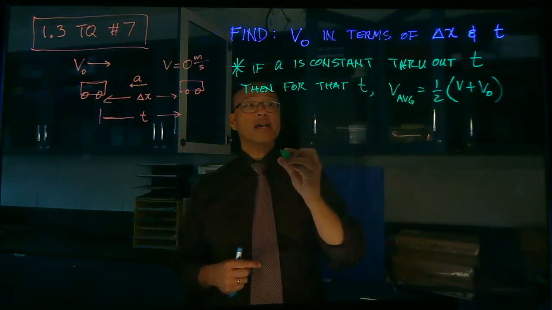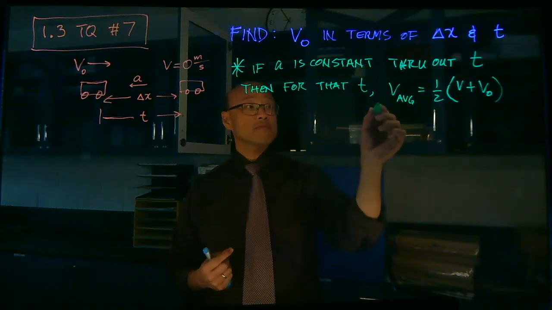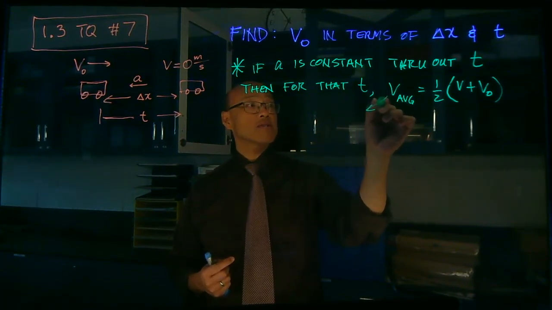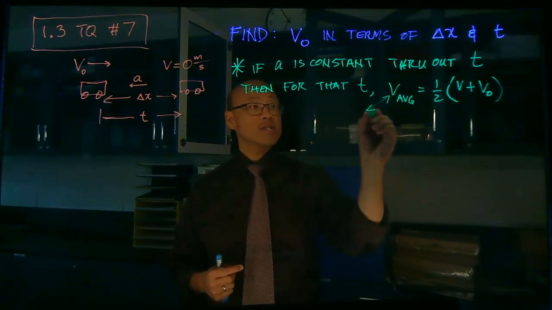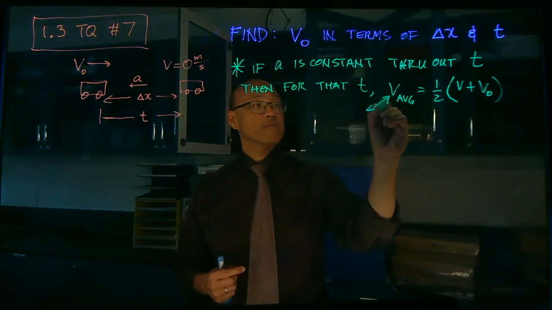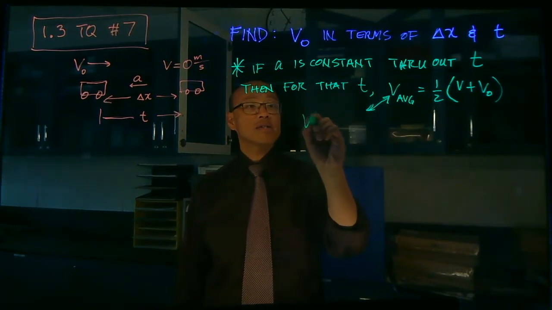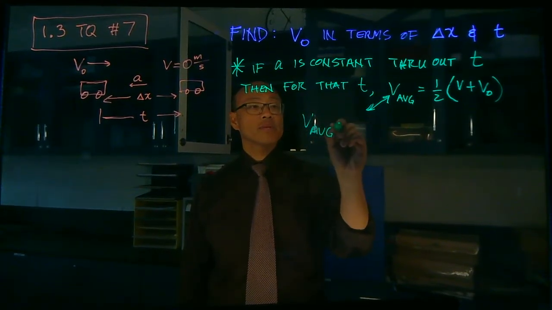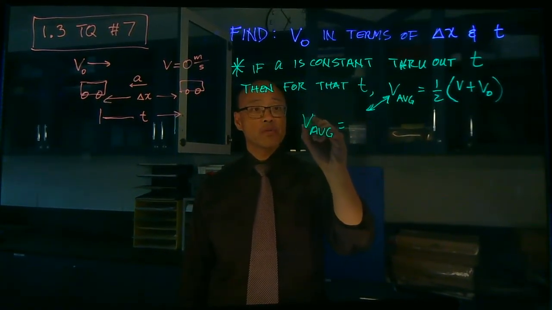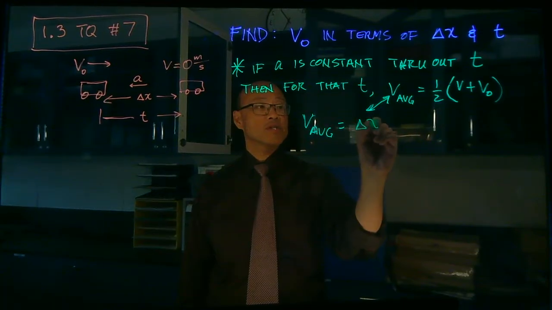But we also know that there is a definition of average velocity. It's the non-derivative, good old slope calculation. This is also true no matter what. The average velocity is just delta x over t.